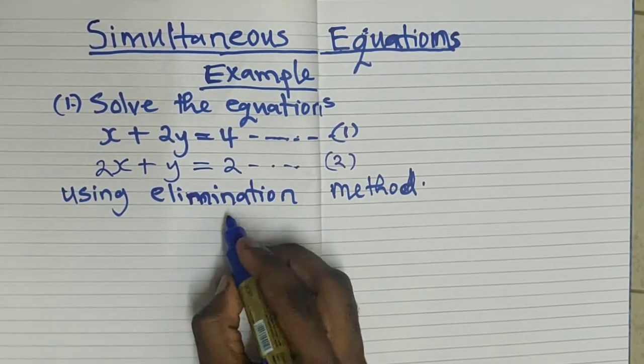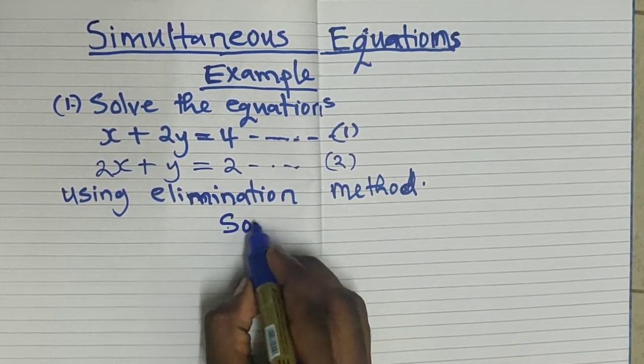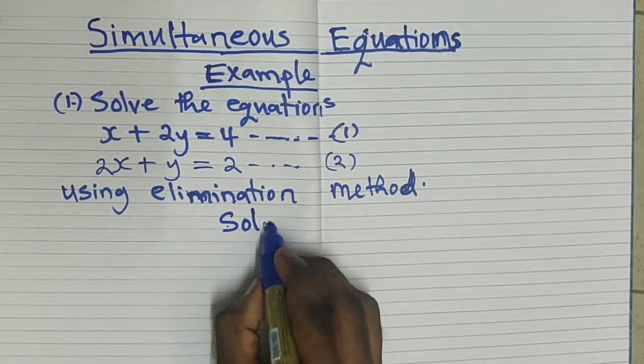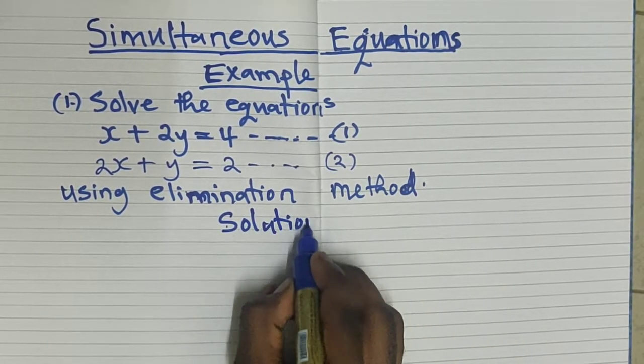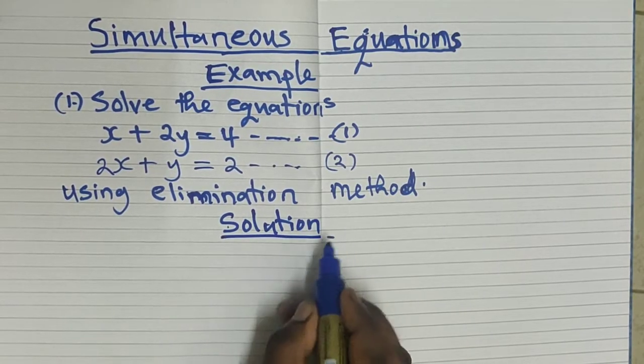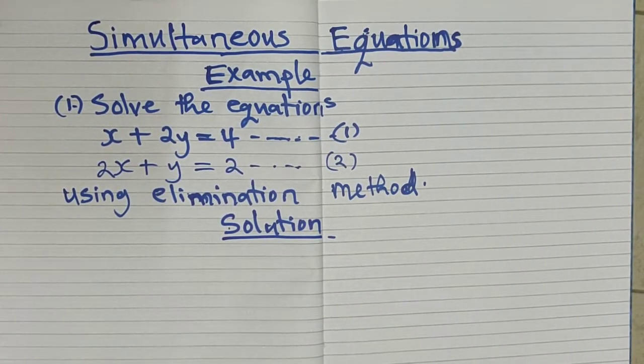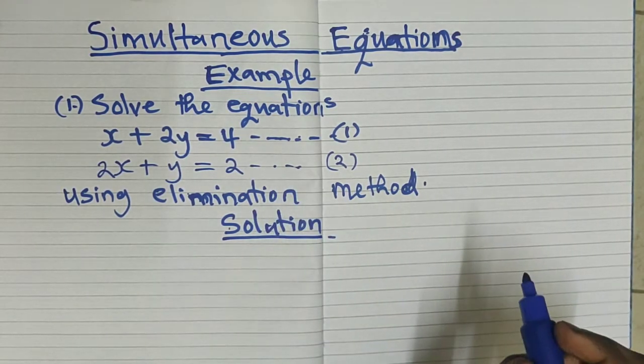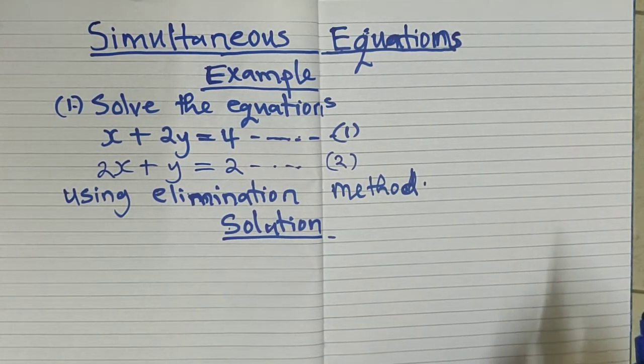Okay, let's solve this one. Solution. Now, I'm going to show you all the possible ways we can solve by the elimination method, but for this case, let's use the first way.